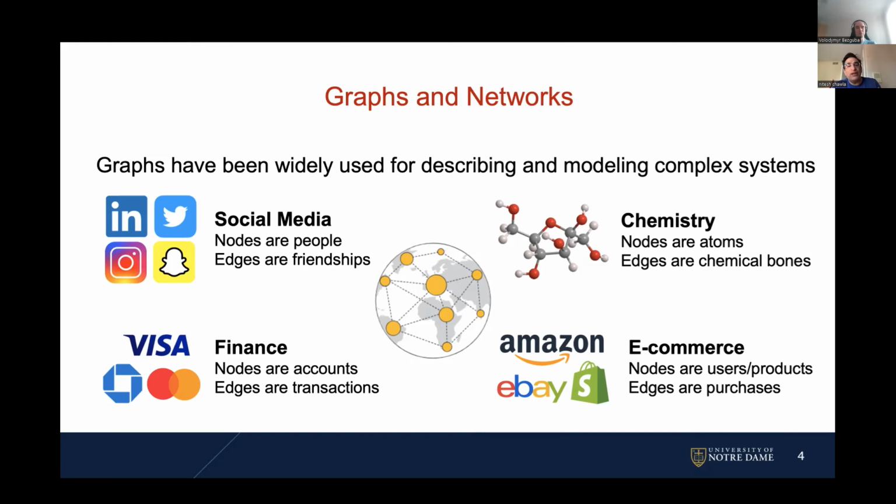What this graph representation or network representation of the complex system allows us to do is capture interactions, and figure out what may be some of the higher order patterns of information exchange or influence or chemical interactions, etc., that are apparent in this data.